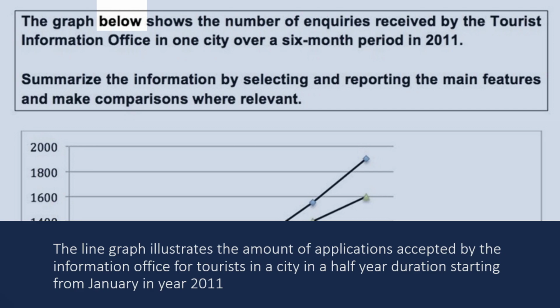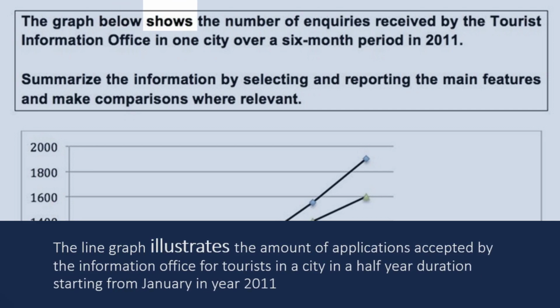First of all, it's logical to write the word below in the rubric because the illustration is displayed below the rubric. And secondly, it makes no sense to write below in your introduction because you won't be displaying any images or illustrations once you've written your essay, right? So make sure you avoid this and you don't have to write it at all. Next word.